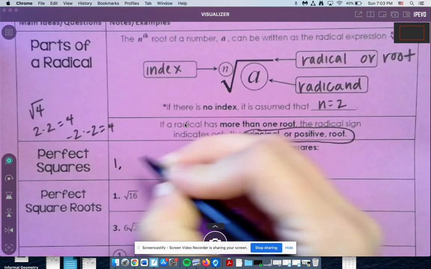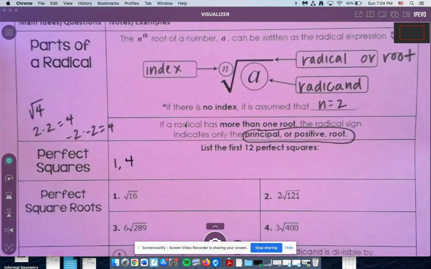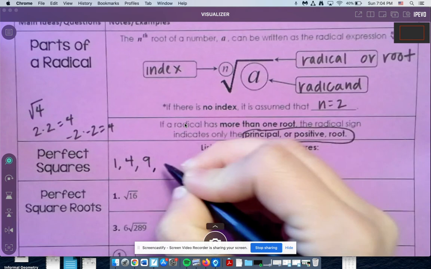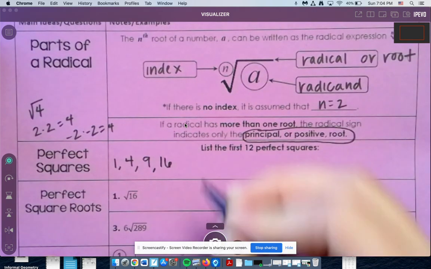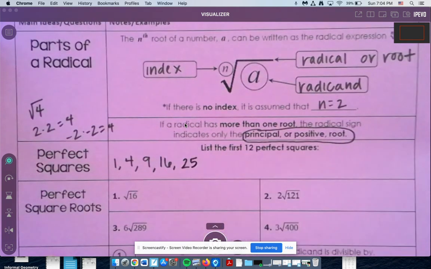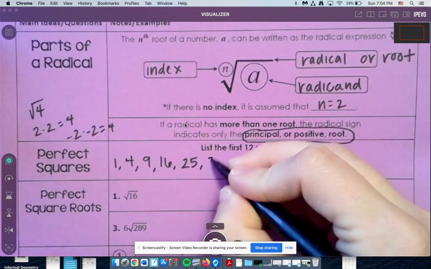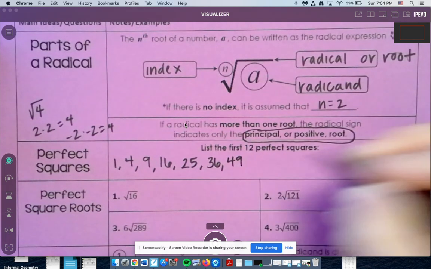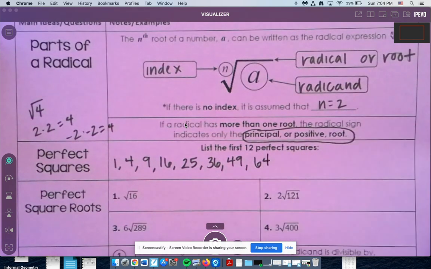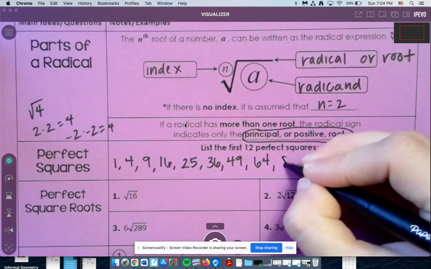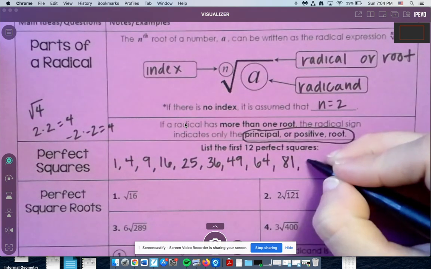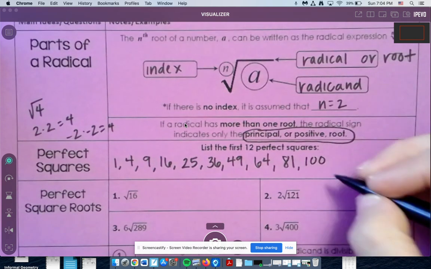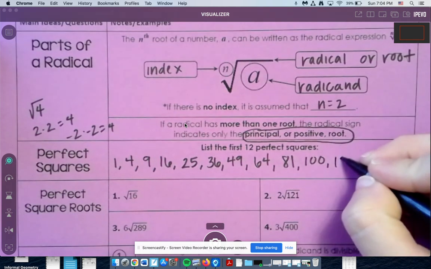The next one, 2 times 2 is 4. So 4 is a perfect square. 3 times 3, 9. 4 times 4, 16. 5 times 5, 25. 6 times 6, 36. 7 times 7, 49. 8 times 8, 64. 9 times 9, 81. 10 times 10, 100. 11 times 11, 121.